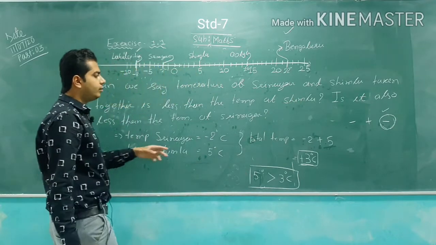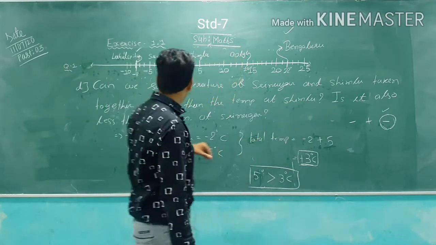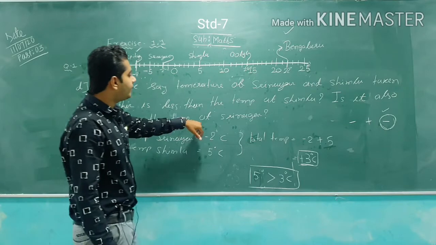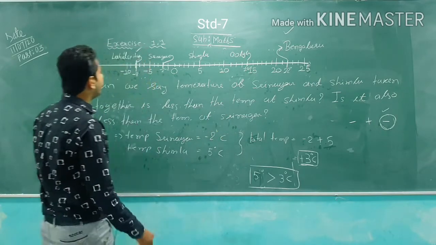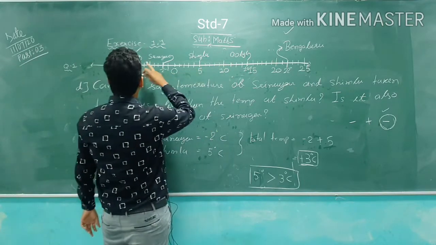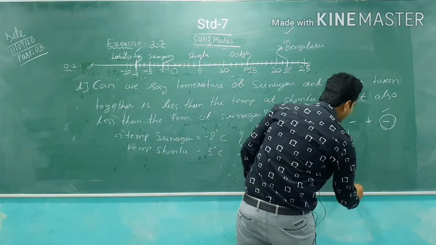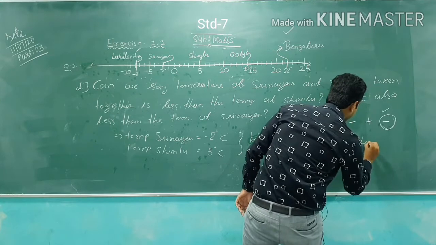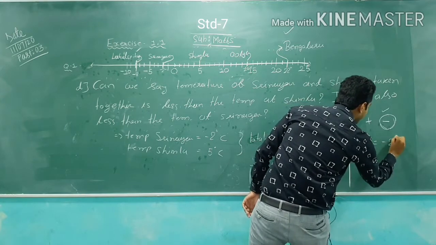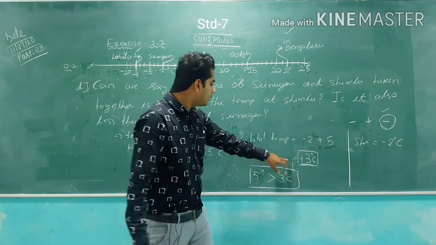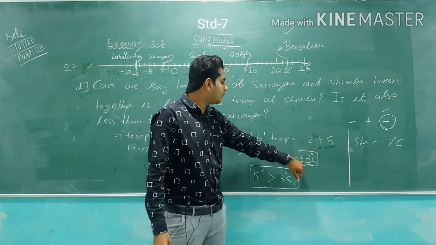Now second question is what? Is it also less than the temperature at Srinagar? Now Srinagar का temperature क्या है? Here Srinagar का temperature is minus 2 degree. श्रीनगर का है -2 डिग्री सेल्सियस. सो -2 डिग्री सेल्सियस and this is the 3 degree Celsius.